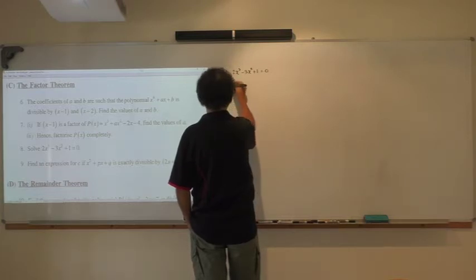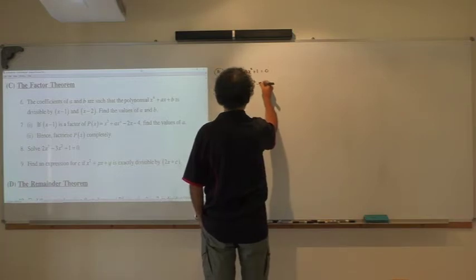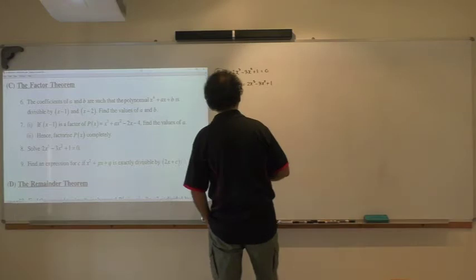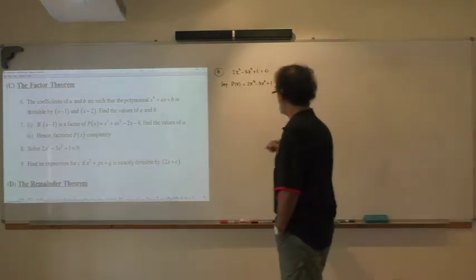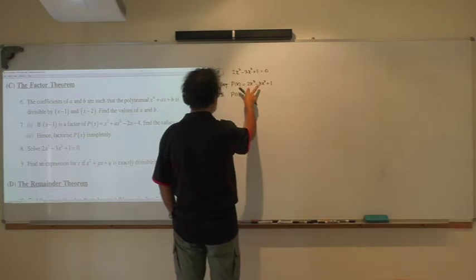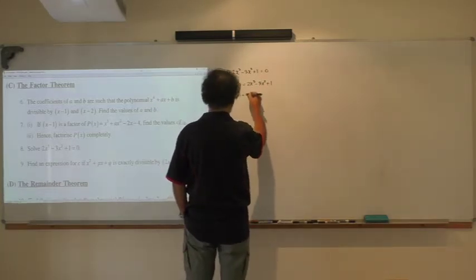we're going to say let p of x equal to this polynomial equation. Okay, and then we're going to see what happens when we substitute positive 1. So p at 1 is going to be equal to 2 plus 1 minus 3. Yeah, that's going to be equal to 0.